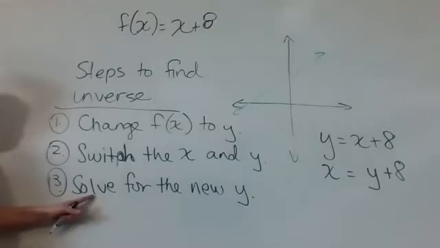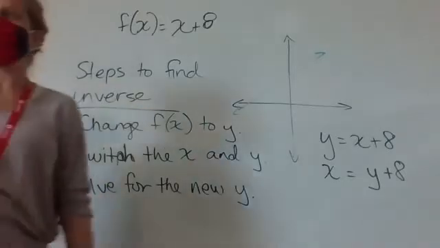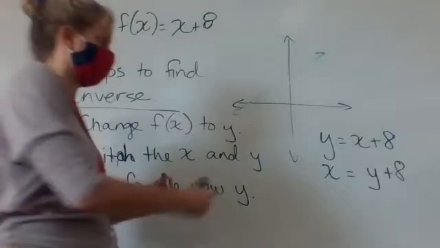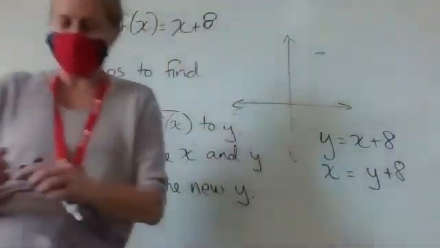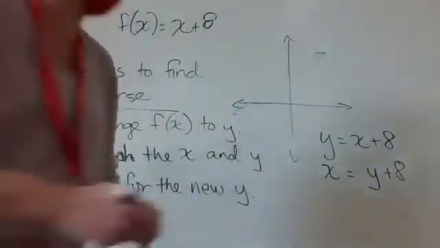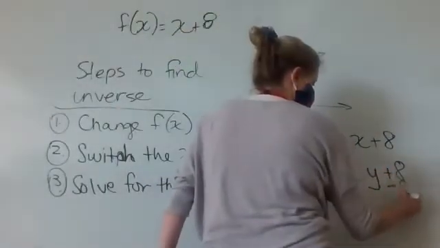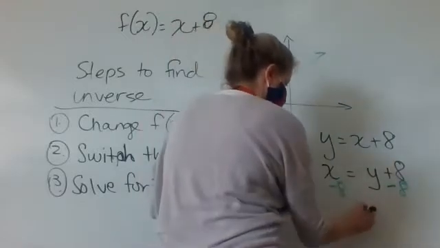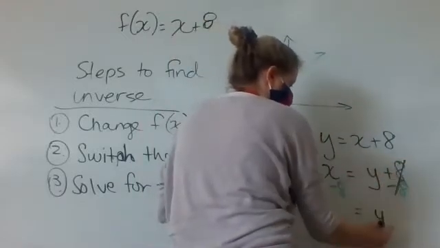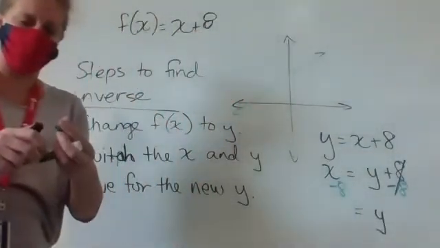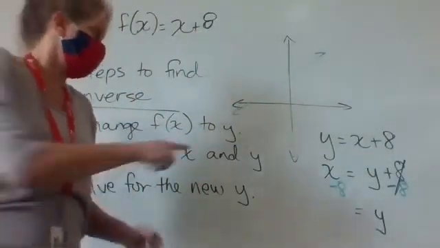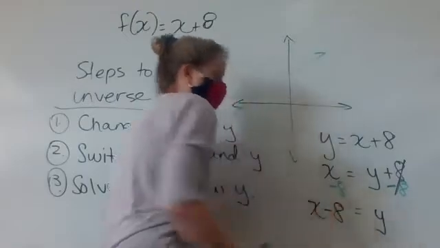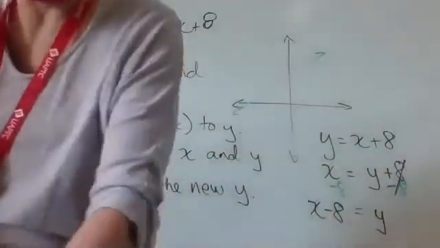The last step is to solve for the new y, which means get it by itself. To get rid of that plus 8, I subtract 8. So that's gone. Now I have y equals, and on this side I can't put those together, right? It's just going to be x minus 8.